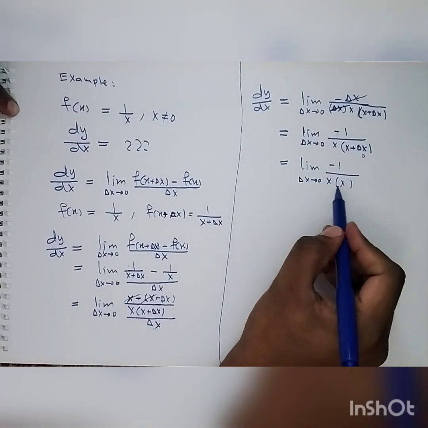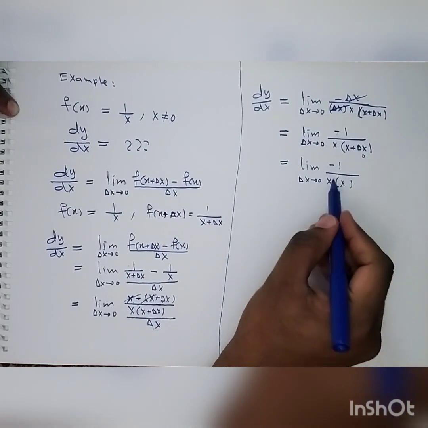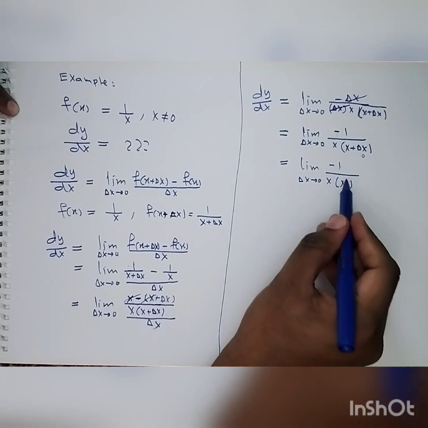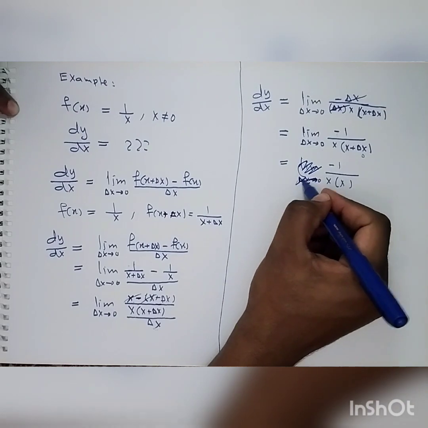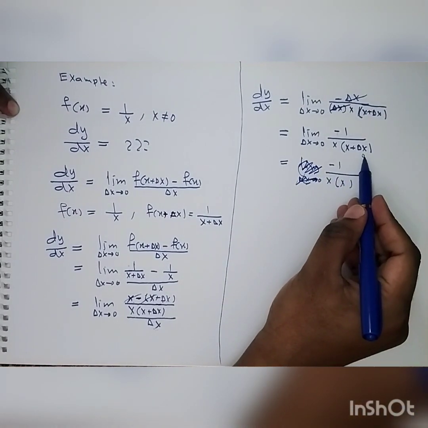You see that now it is independent of delta x. So it is similar to the limit of a constant, because we already substituted this value.